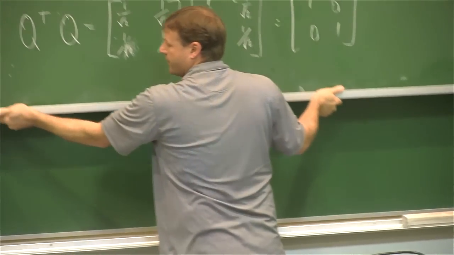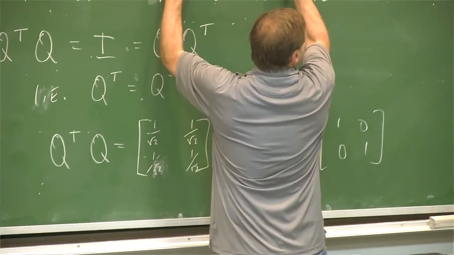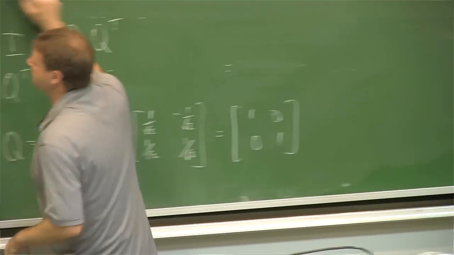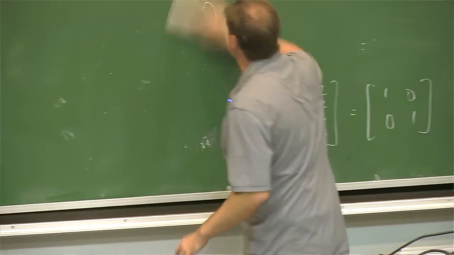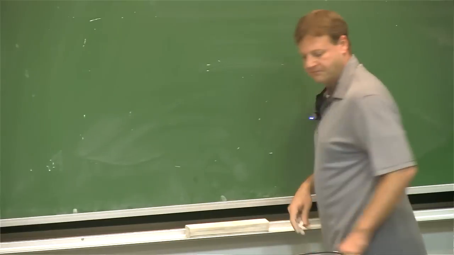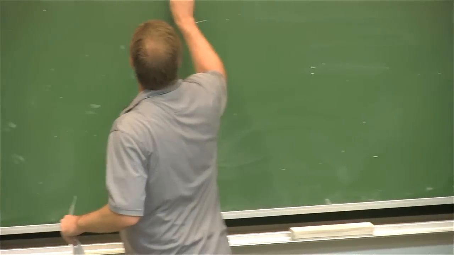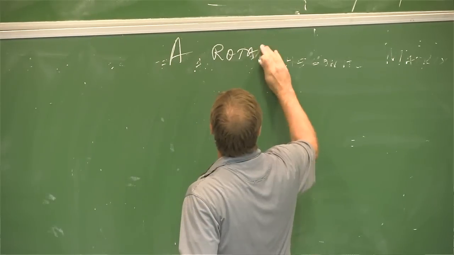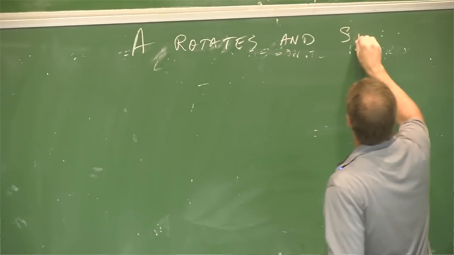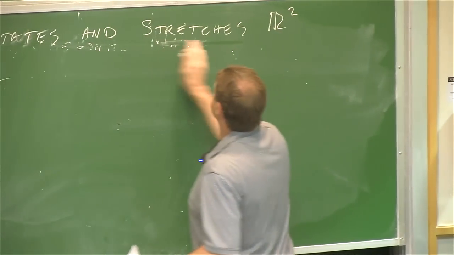They got multiplied by root 5. A rotates and stretches R2.